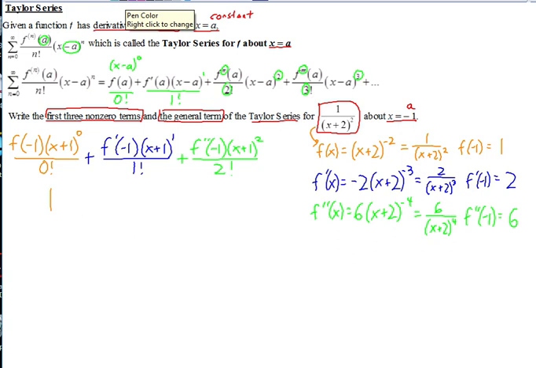F prime of negative 1, that was 2. Divided by 1 factorial is just 1, so that's just 2, so plus 2. And then, sorry, it wasn't positive 2. Made a mistake here. This was a negative 2 here. Sorry about that. So that makes this negative 2.